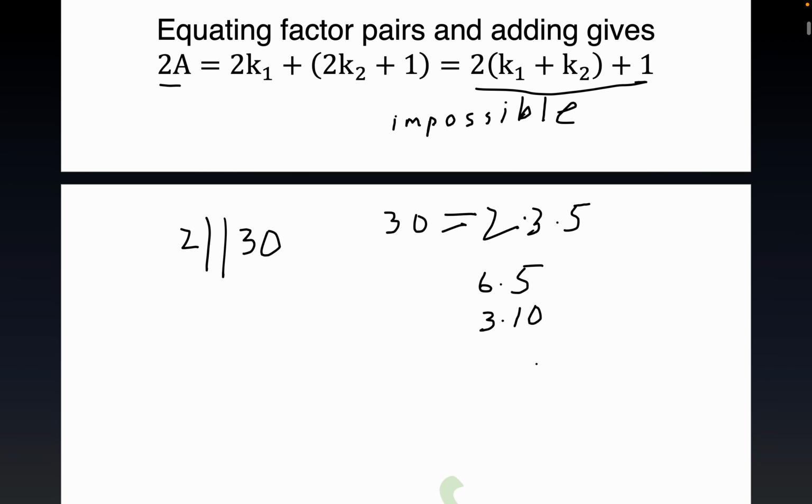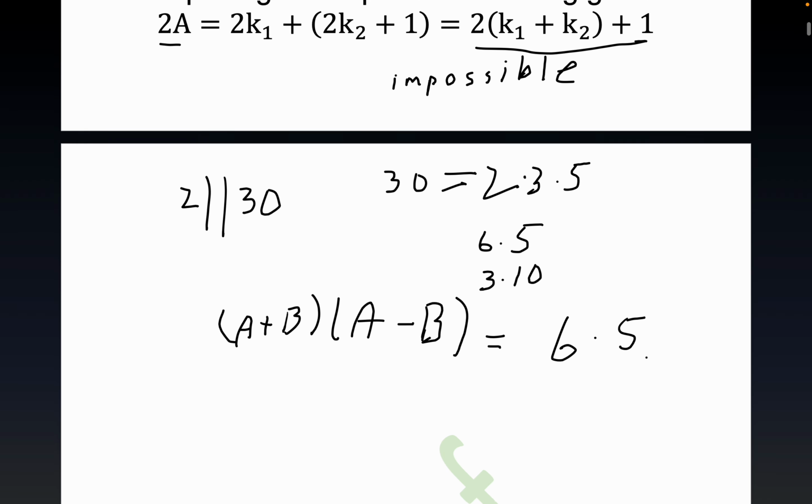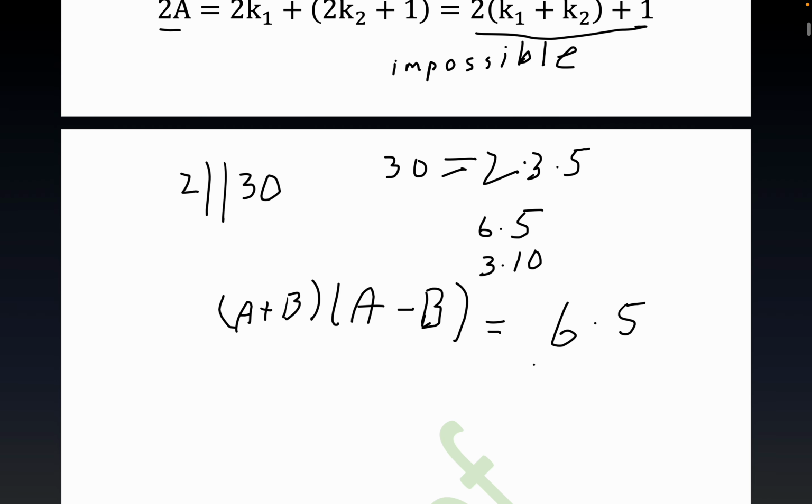So you see, if you try to set a plus b times a minus b equal to 6 times 5, and I'll just pick one of them because the logic holds for the other one too, well, you can see what's going to happen right here. If you set a plus b equal to 6 and a minus b equal to 5, what do you end up with?